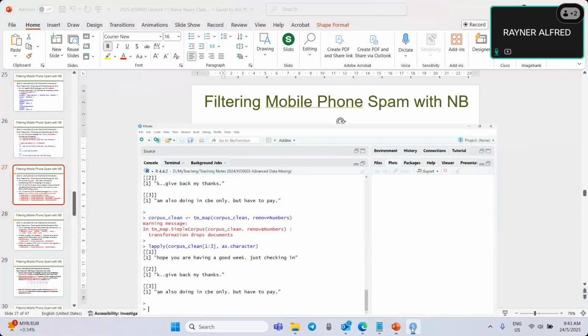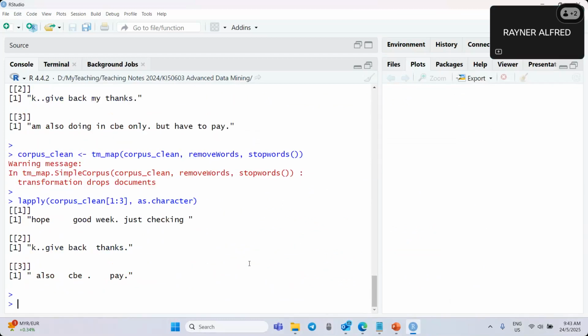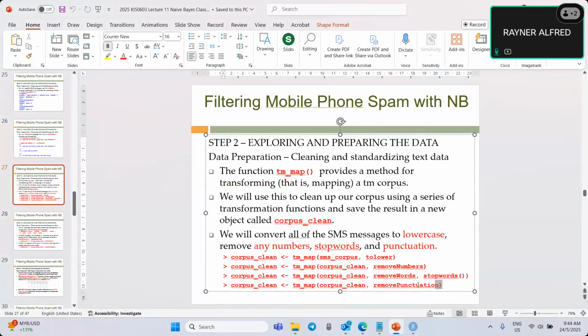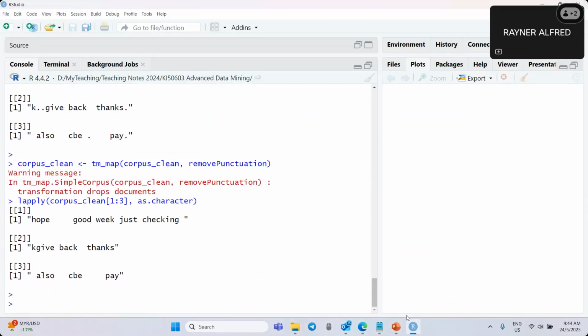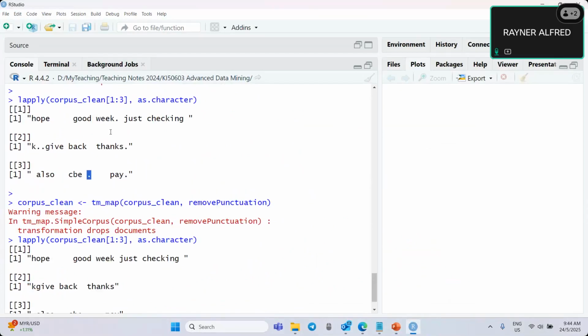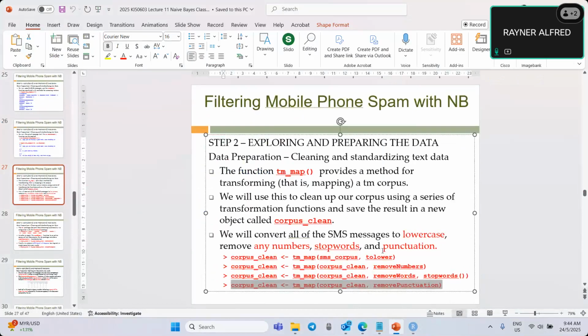Some of the words that we consider stop words, they do not, so only those will be removed. Then we remove all the punctuation, so we no longer have the dots here and many more. And now we need to remove the white spaces again.